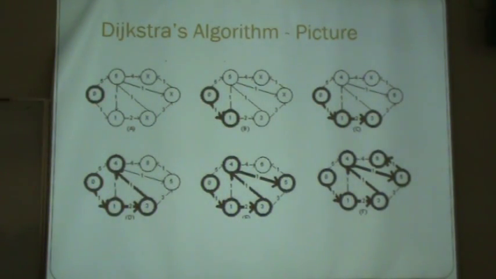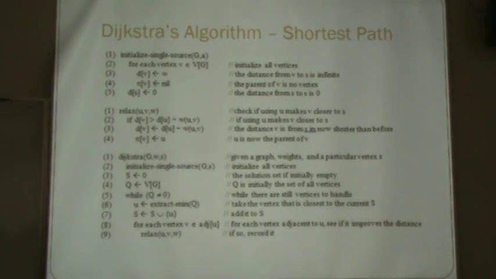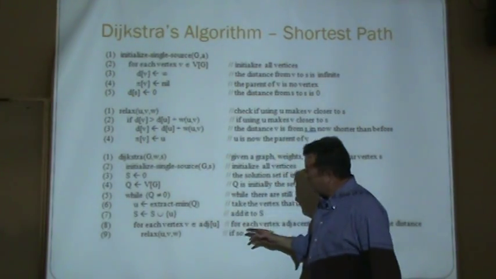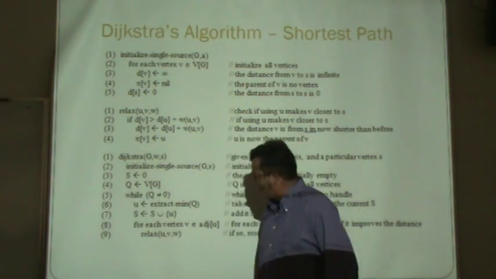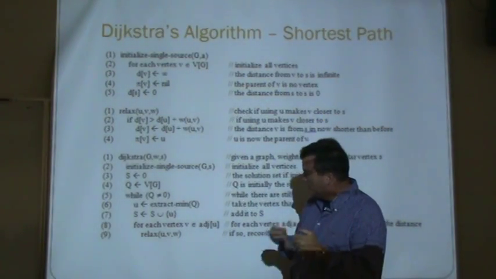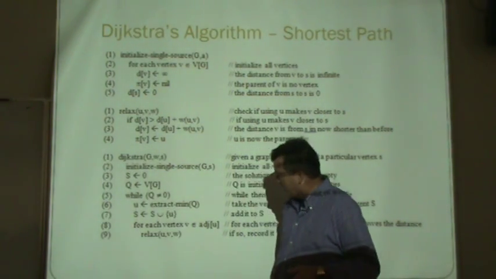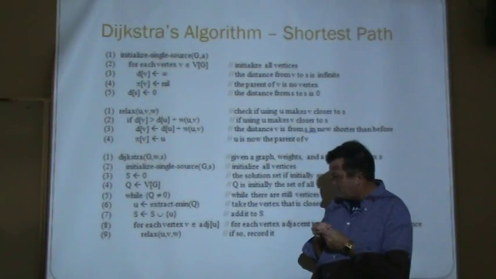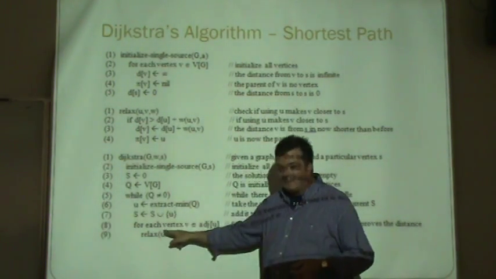The last step of Dijkstra's algorithm is we're basically saying we have this data structure, we put every vertex in it, and as long as it's not empty, we pull out the minimum one, add that to our answer set, and then for every vertex connected to the one we just pulled out, see if it makes anything better.